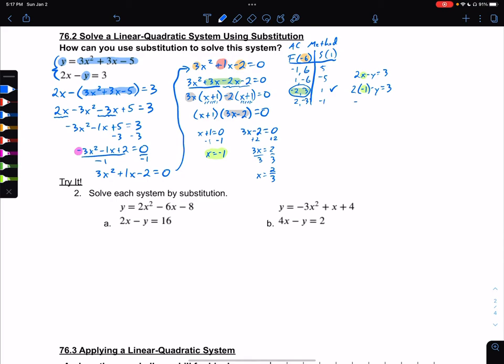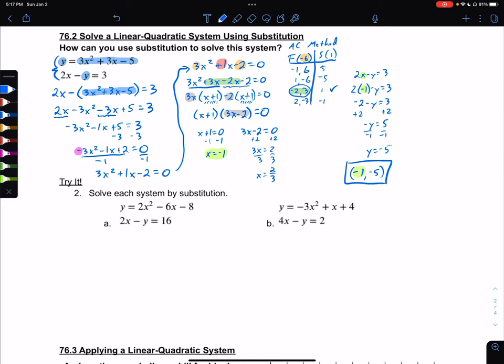So we get -2 minus y equals 3. I'm going to add 2 to both sides. -y equals 5. Divide by -1. So y equals -5. All right, so one of my solutions is -1, -5. Right, because that x value came from there, and then that y value.